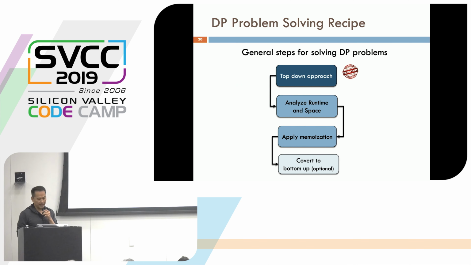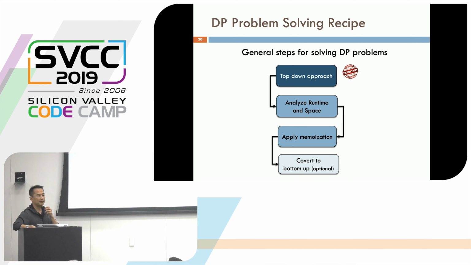These are the steps that I combined from a bunch of other places that I learned from. First is the top-down approach, and the top-down approach consists of 2 things: coming up with the top-down approach, and then applying it. Once you have that, you analyze the runtime and space.